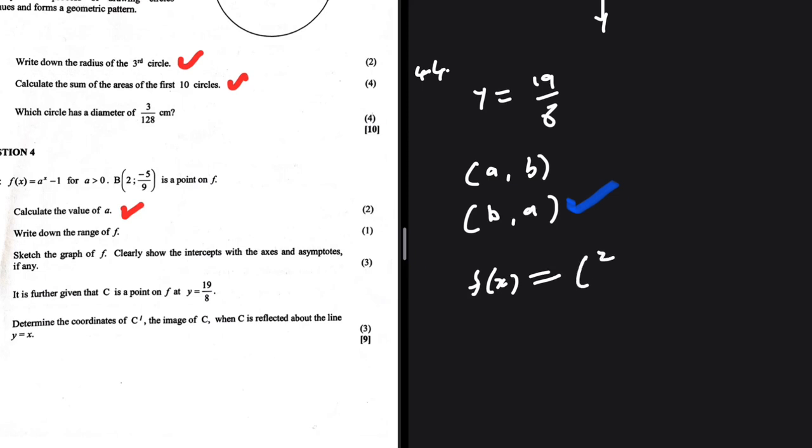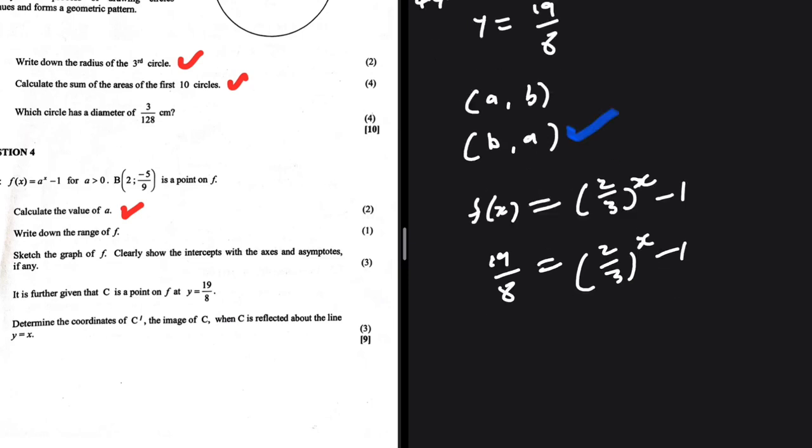So f of x is equal to (a is how much again? 2/3, okay, 2/3, right?) 2/3 to the power x minus 1. We have the value of y, which is 19/8, and we are looking for the value of x.